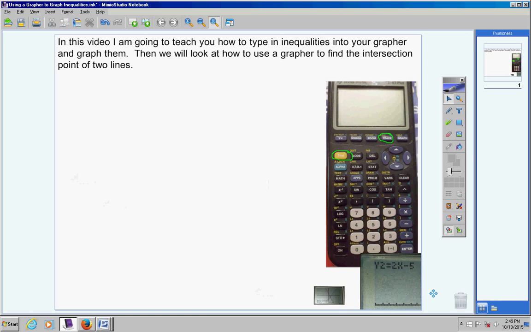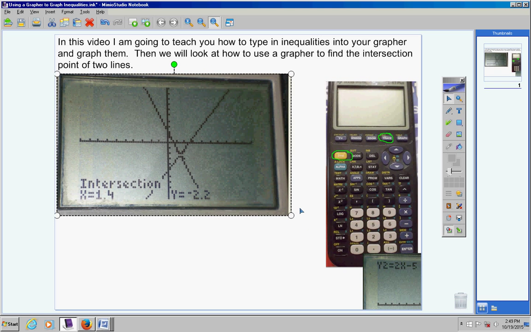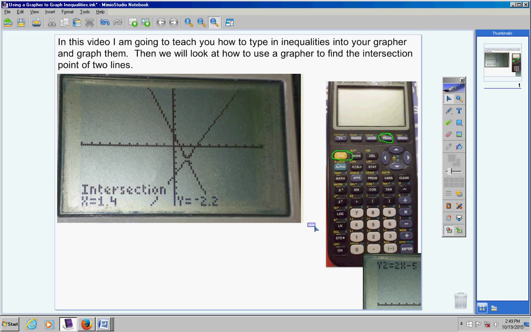And when you do that, this will pop up right here. There we go. Now it tells us the intersection point of these 2 lines is 1.4 and negative 2.2.